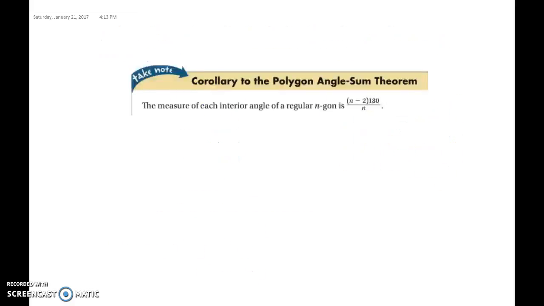The measure of each interior angle of a regular n-gon, whatever polygon, is exactly the formula that we just wrote: n minus 2 times 180, so this tells us the sum, and this is the number of angles that we have. That allows us to solve for each interior angle.